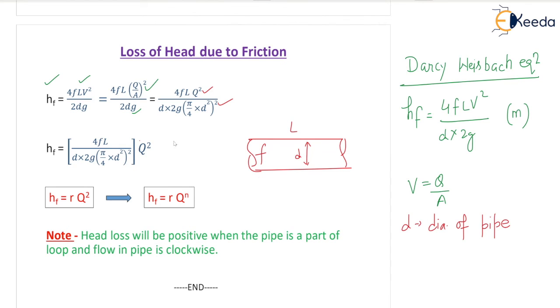So 4FL by D, D is also constant, 2 is also constant, G is acceleration due to gravity constant, pi by 4 is constant, D square is constant. Everything is almost constant, so Q square. So all this term kept together, and we have given the symbol as R, small letter R. HF is equal to R Q square, correct?